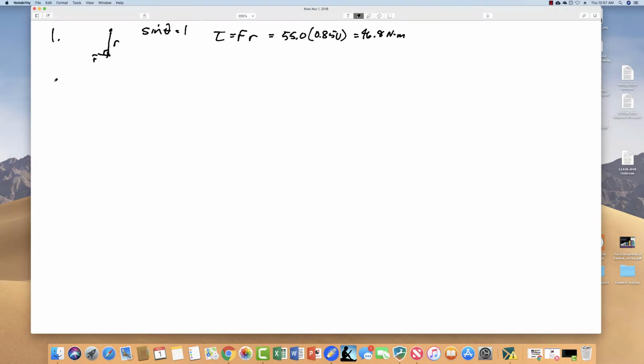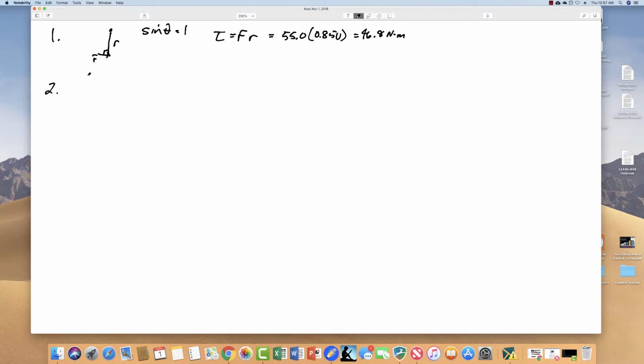Part B says, does it matter if you push at the same height as the hinges? And the answer to that is no. Where in the y-axis, or in this case because it's coming out of the board and into the board, where in the z-axis you apply your force has no impact on the torque that's being exerted.